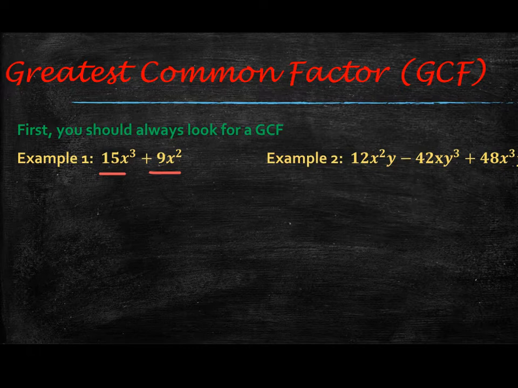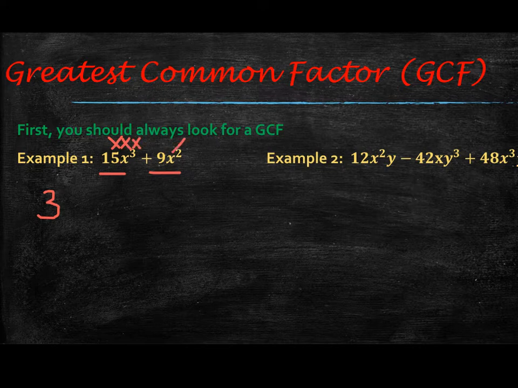So if we look at the coefficients 15 and 9, the greatest factor that I can factor out of both of those numbers is 3. And then if you take your variables, x to the third, x squared, I want you to think about this in expanded form. So x to the third is x times x times x.